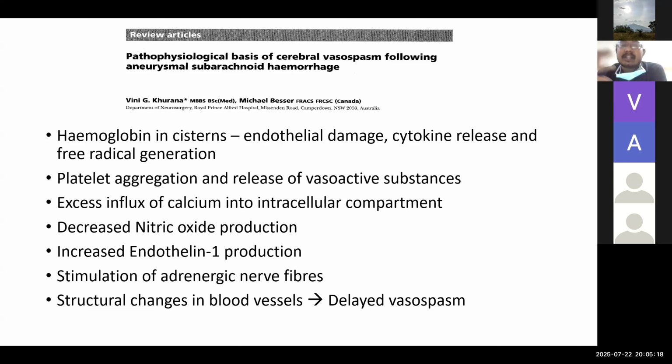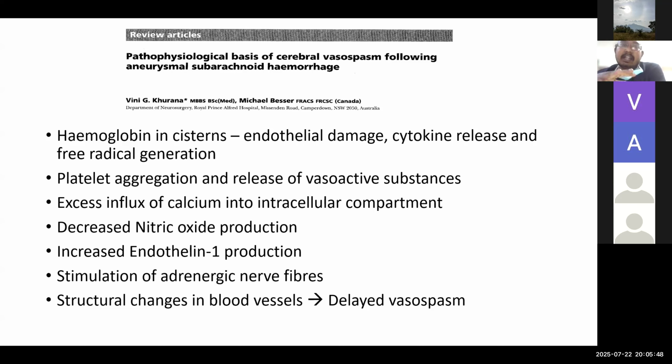And when there is a lot of inflammation, there is an excess influx of calcium into the intracellular compartment that induces a strong contractile response. Added to this, there is decreased nitric oxide production and increased endothelin 1 production, basically because of endothelial damage. Not just inflammation, there are also adrenergic nerve fibers that get stimulated. So that also adds to the vasoconstriction of the blood vessels.